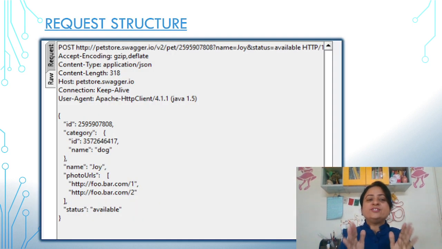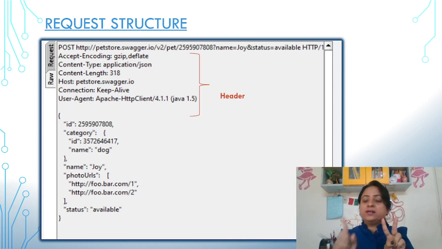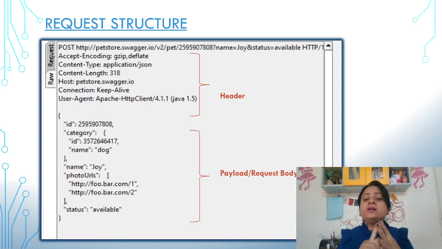So this is your request structure. Any request and any response in any API has two basic parts. One is the header, and the other is the payload or the body. In a request we call them the request header and the request body or payload.